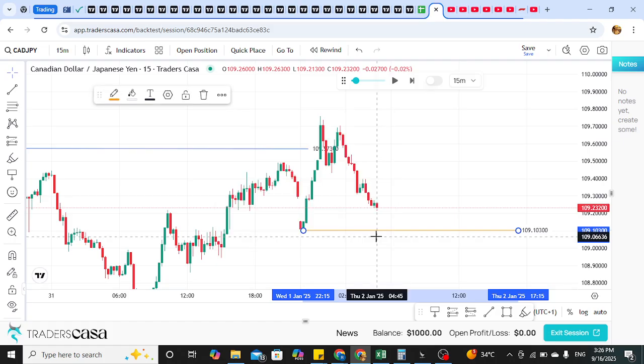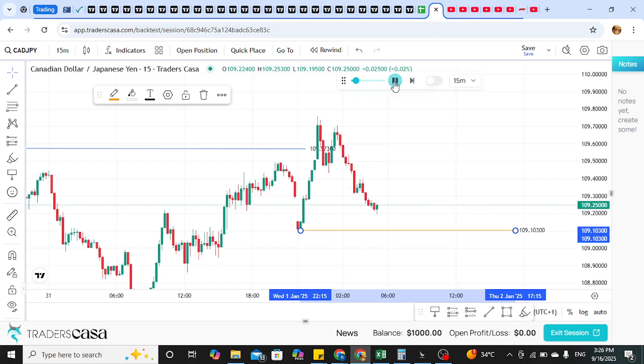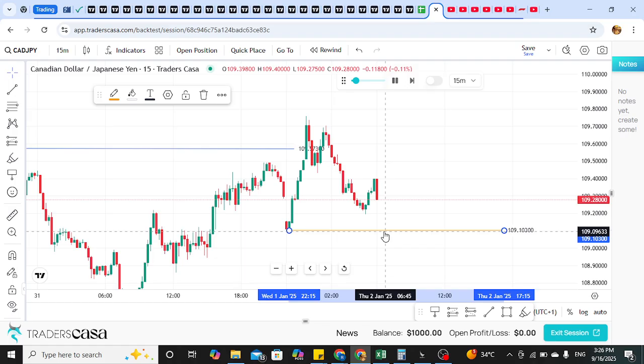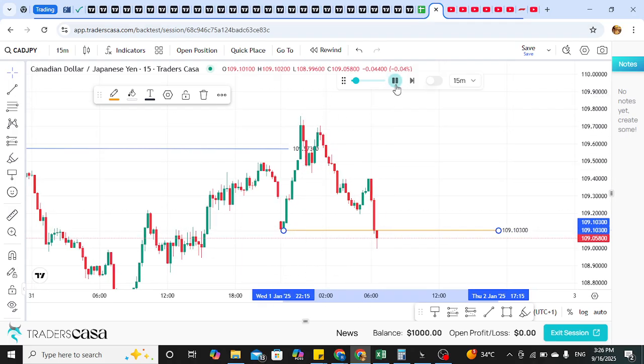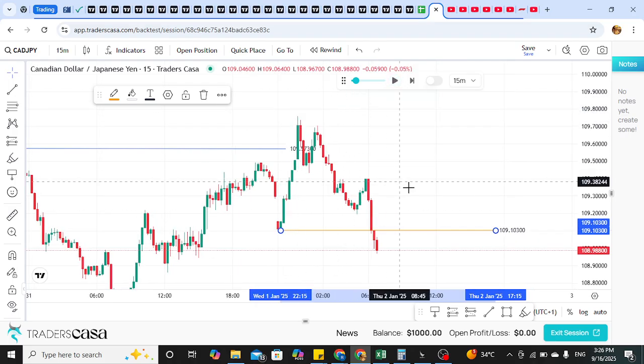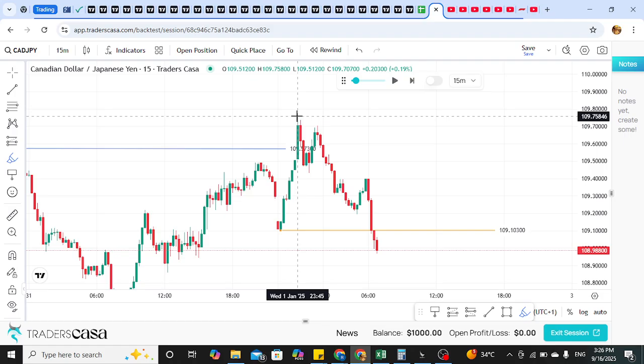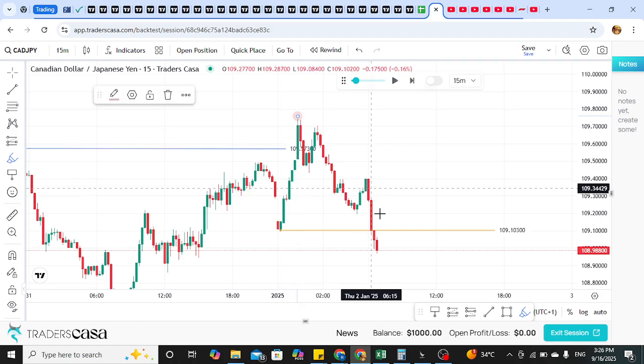Okay, let's move. So if this got hit, now it got hit, and now this is the high of the range, and again we have a minor inducement which I don't trade on.